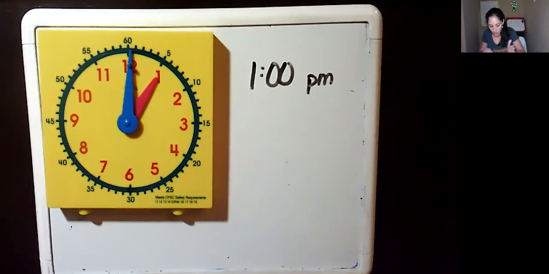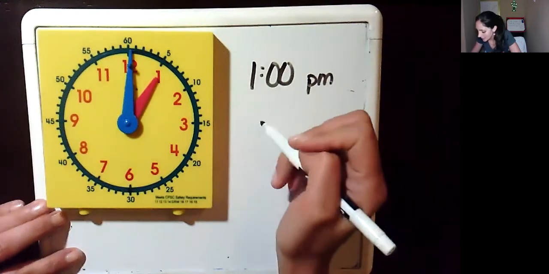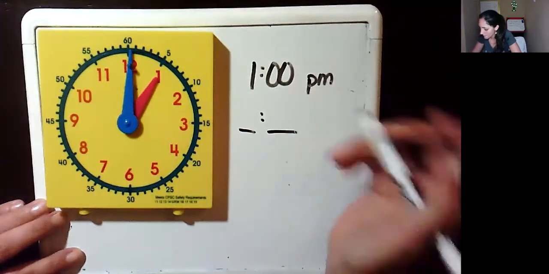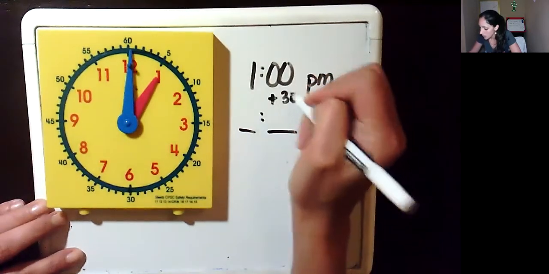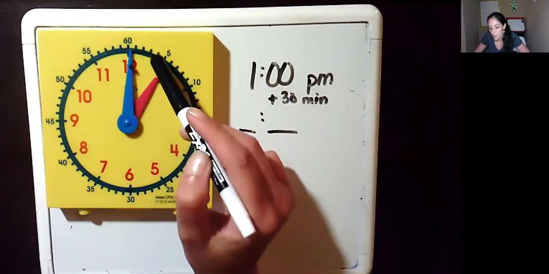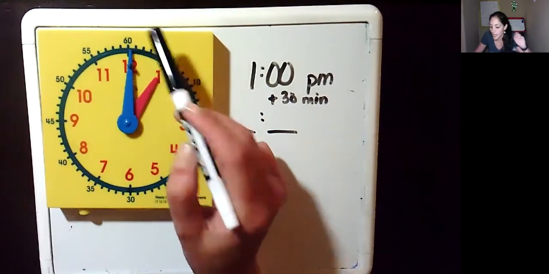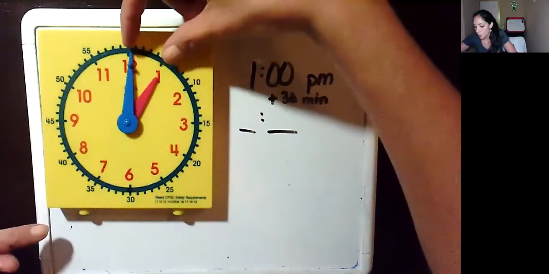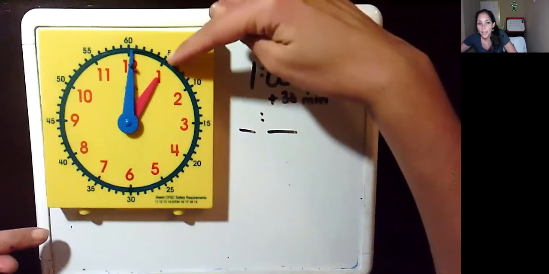Now let's say that meeting lasts about 30 minutes. If it lasts about 30 minutes, can you tell me what time the meeting is over? So plus 30 minutes. Okay, we know that each one of these little notches represents 1 minute, which means a group like that represents 5 minutes.